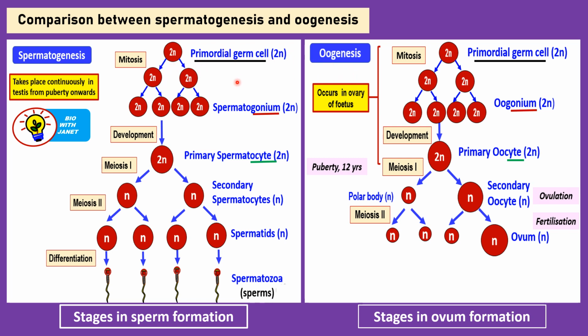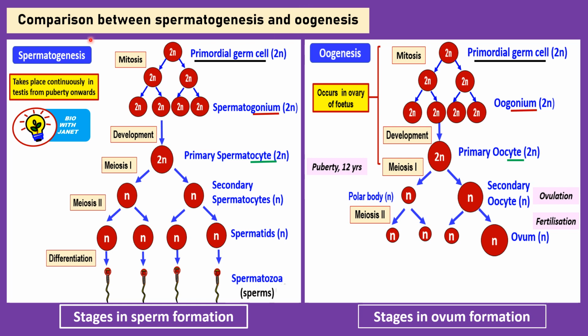They are quite similar in certain aspects. For example, in spermatogenesis, the process starts off with mitosis, then development, and then meiosis, and then differentiation. Now in oogenesis, there's first of all mitosis, and then growth and development, then meiosis 1 and meiosis 2, but there's no differentiation here of the ovum.